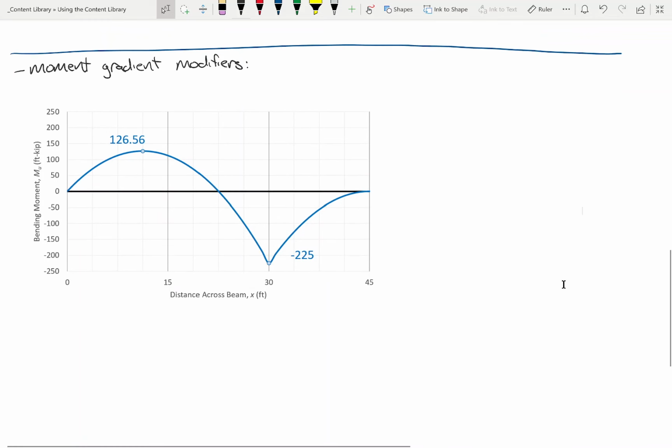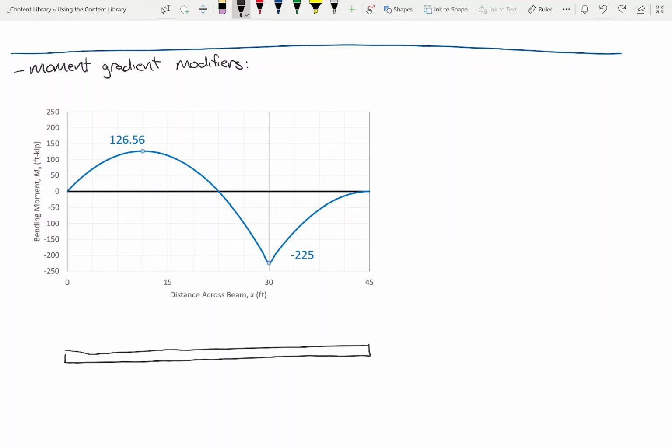And I'm going to try and draw this beam maybe to scale. So we have a beam with distributed load on it.